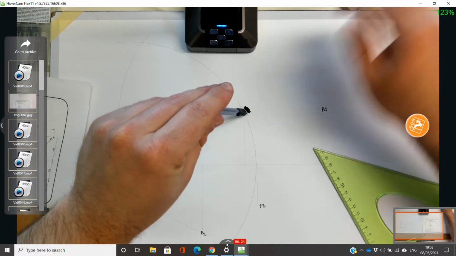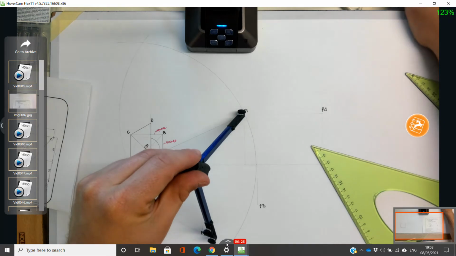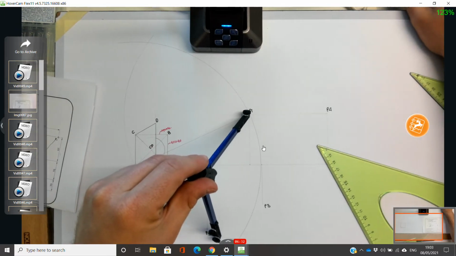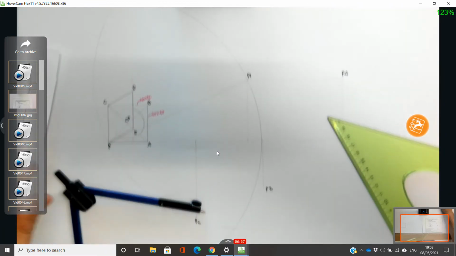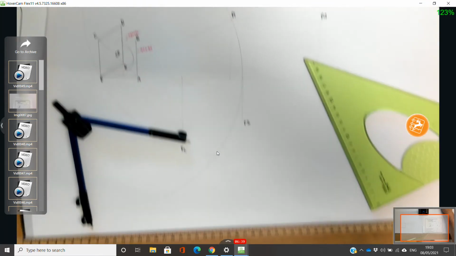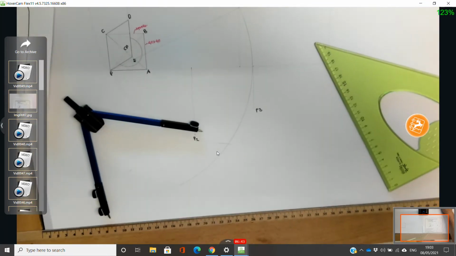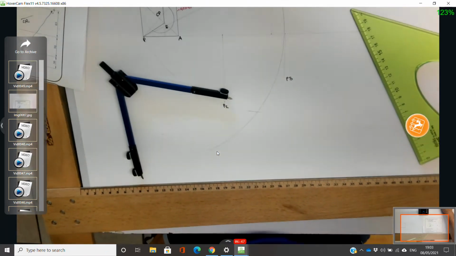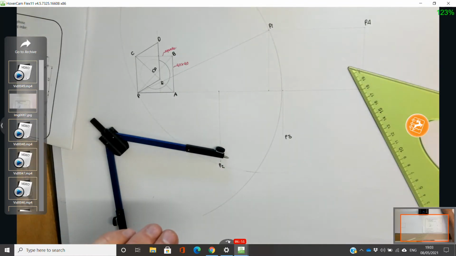So hopefully you can see there. Okay, just 1 second there.